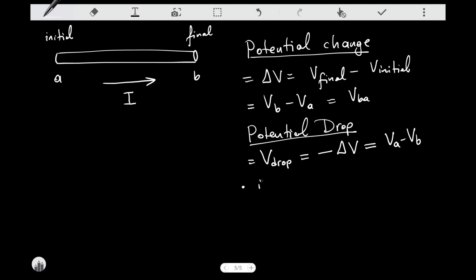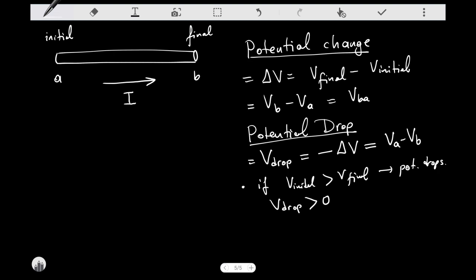So if initial is bigger than the final, in that case, potential drops and the amount of the potential drop is therefore positive. That's the convention that we are using. So for this reason, potential drop is initial minus the final potential.